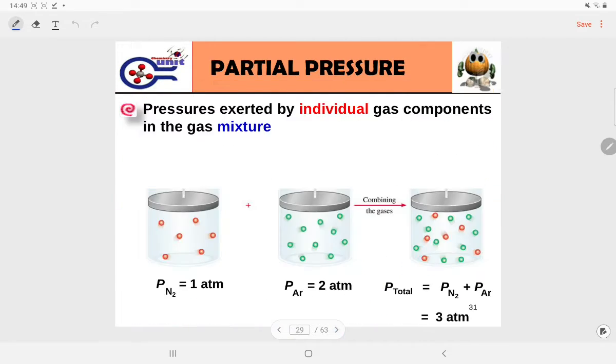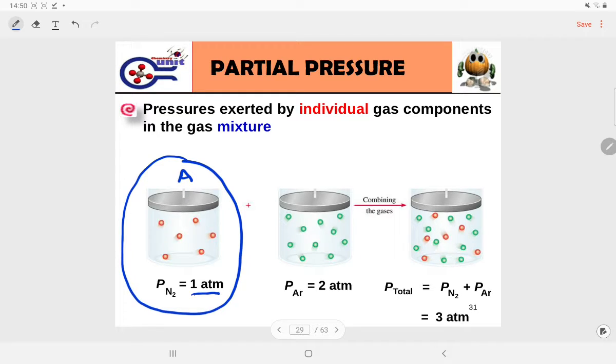Let's look at another example. Initially I have this vessel A with nitrogen gas, and this nitrogen gas is at 1 atmospheric pressure. In another container, vessel B, which consists of argon gas, the argon gas has a pressure of 2 atmospheric pressure.